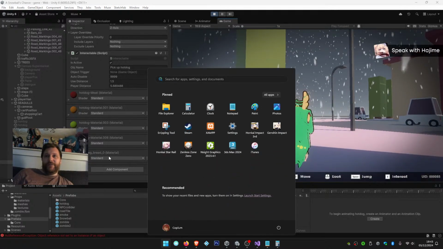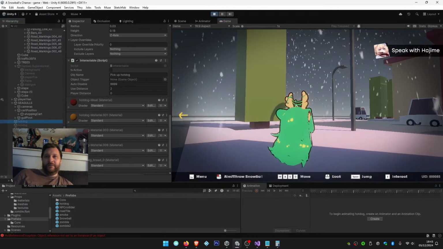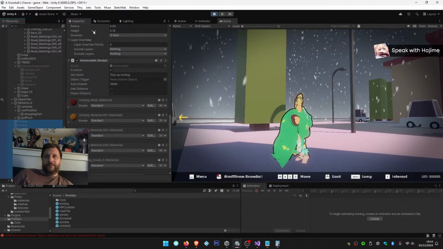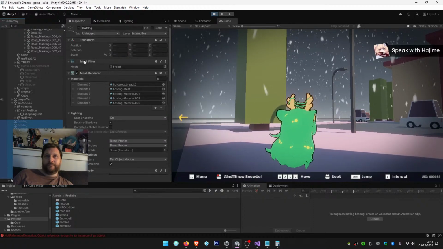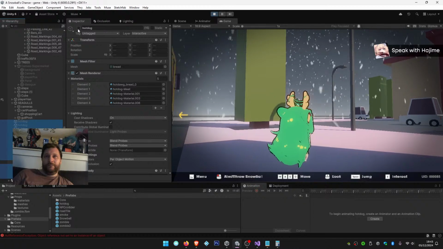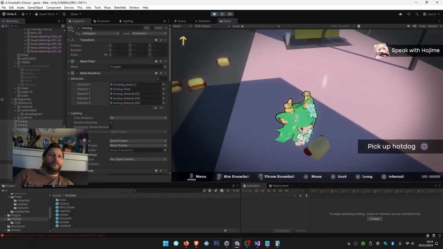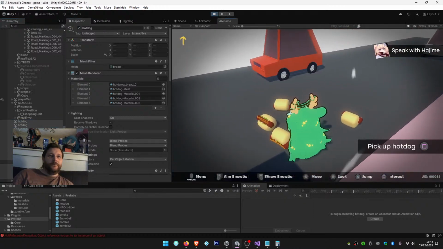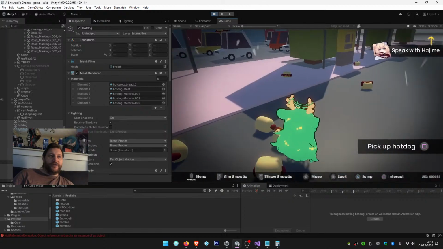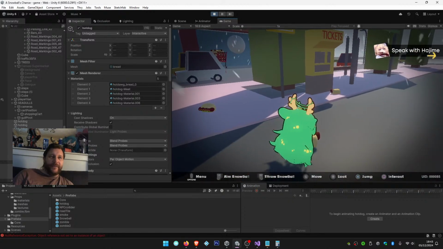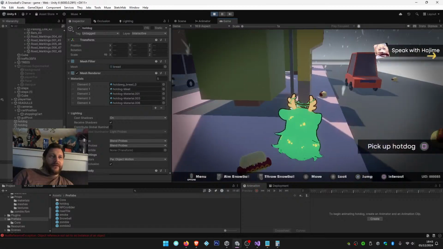Because the other hot dogs work fine. They all register as pickup hot dog except that one. It doesn't make any sense.